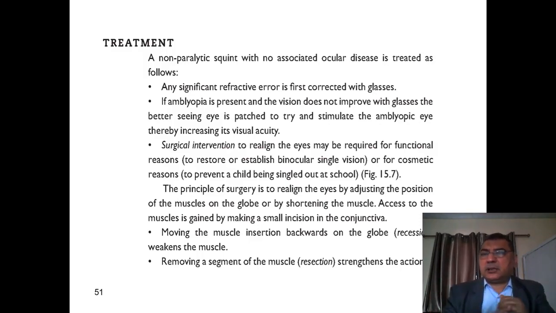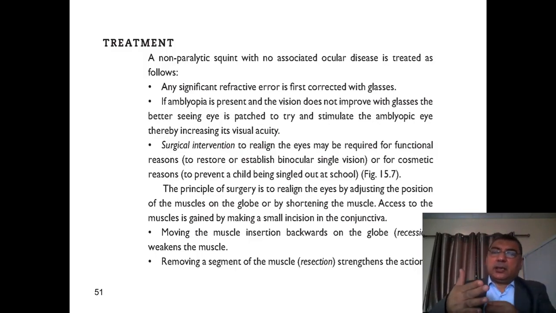So first of all, we'll give glasses. Second, we will give occlusion therapy to treat amblyopia if it is present. Sometimes the child is not having an error of refraction, and sometimes you have a deviation that is not corrected by glasses. So we have to go and correct it surgically.